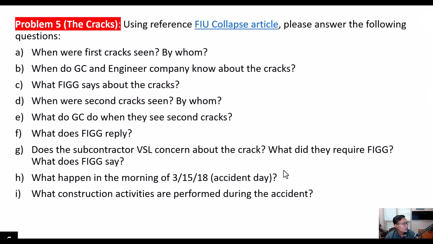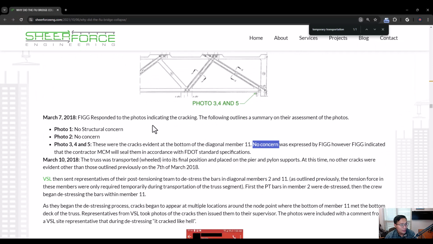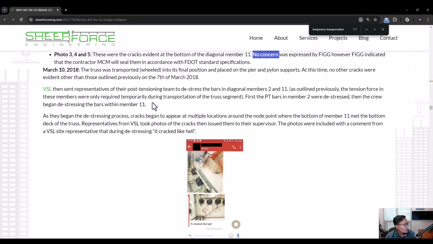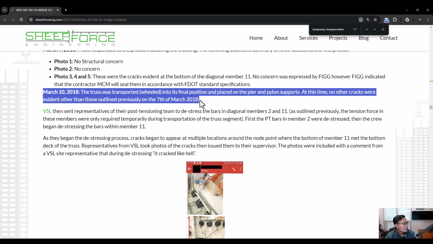Next question is when was the second crack seen, and by whom? As you can see here, on March 10, the truss was moved into the final position, which means in the third phase of the construction, they moved the bridge into the final position.